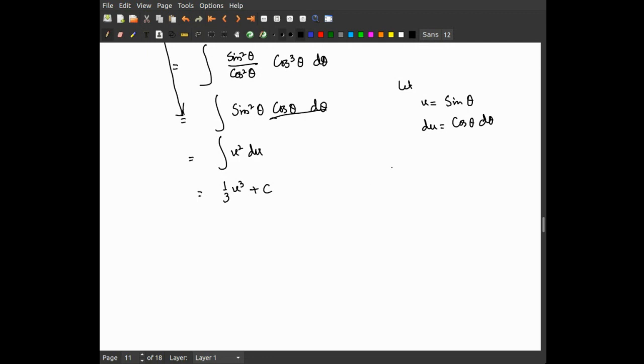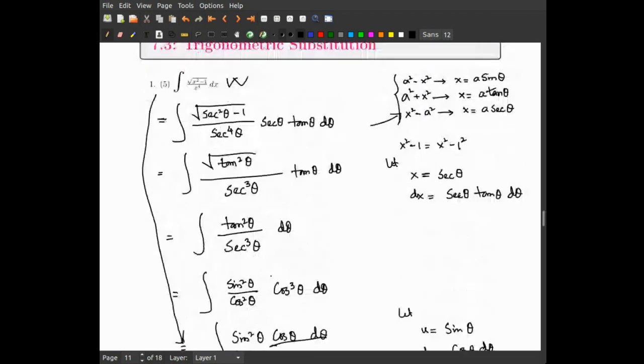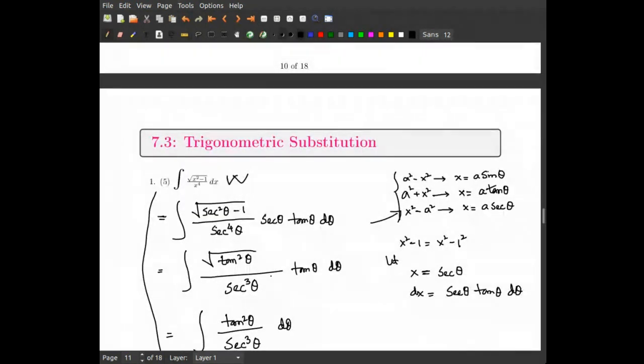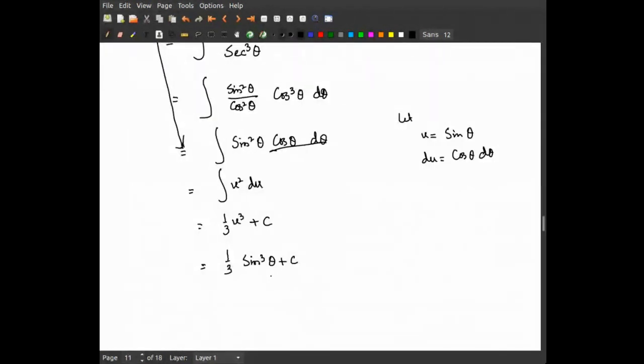All right, let's go back one step. That would be 1 over 3, u is sine theta, so this would be sine cube theta plus c. But what is sine theta? We need to find sine theta. We know secant theta, but we don't know sine theta. So how can we find that? We can find it by using a triangle. If you haven't used it, or you have seen it but decided you are not going to use it, there is no option.